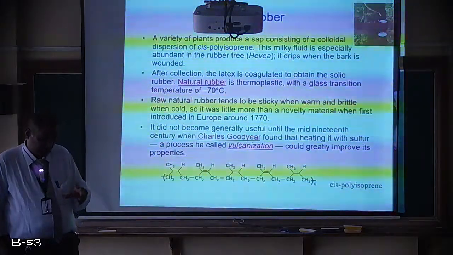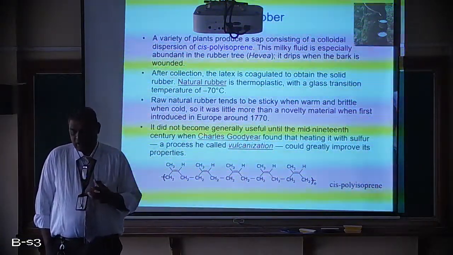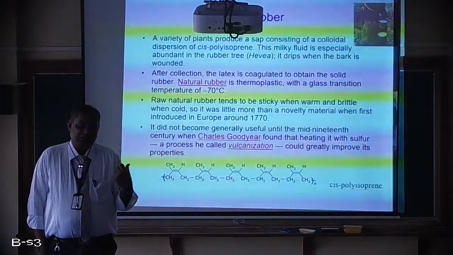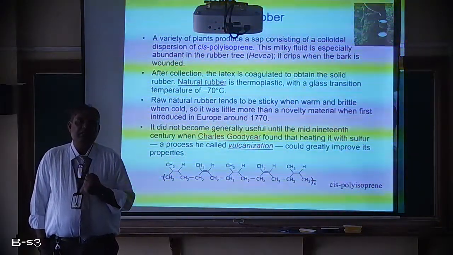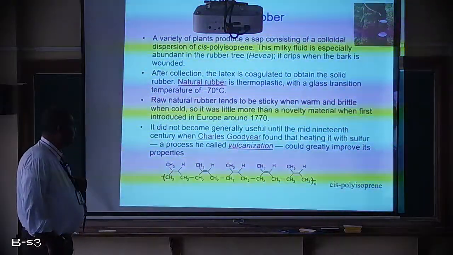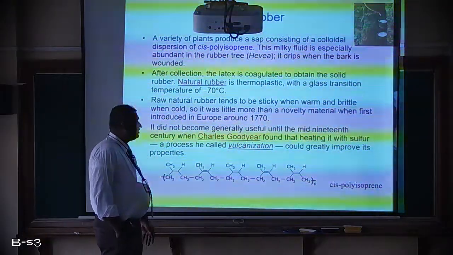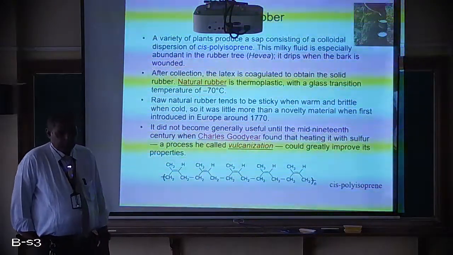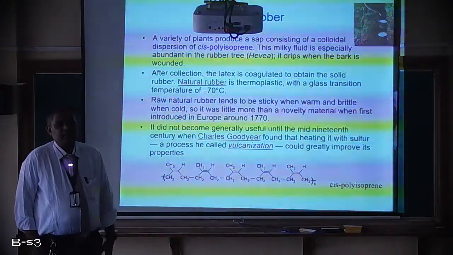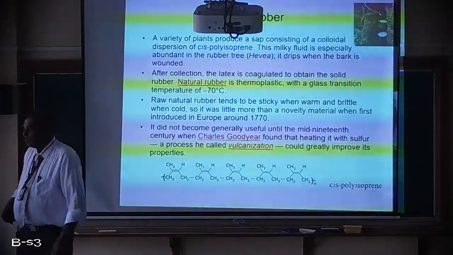So rubber started getting more importance after the discovery of the vulcanization process, and the first application was tires for vehicles. After heating, the chemical structure changed, and it is called cis-polyisoprene, and then it started to be used for tires and gained more and more popularity.